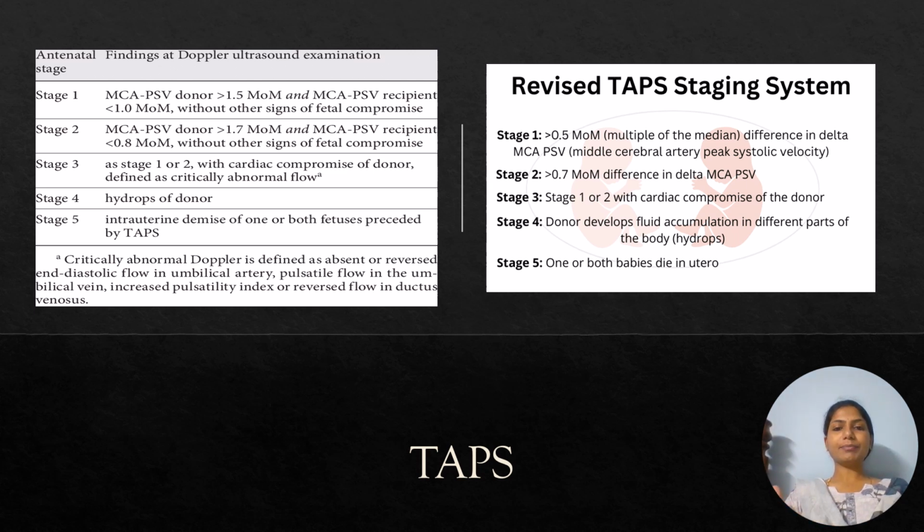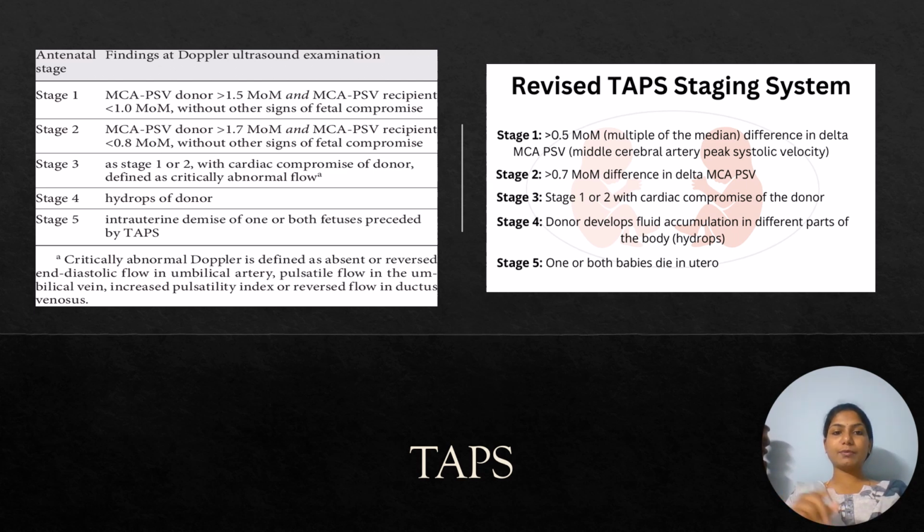This might result in something called iatrogenic TAPS, that is, iatrogenic twin anemia polycythemia sequence. So before, there was a stage-wise approach, using the MCA-PSV, which is the best Doppler to predict fetal anemia: in one twin if it is more than 1.5 MoM, and in the other twin if it is less than 1 multiple of median, without any fetal compromise.